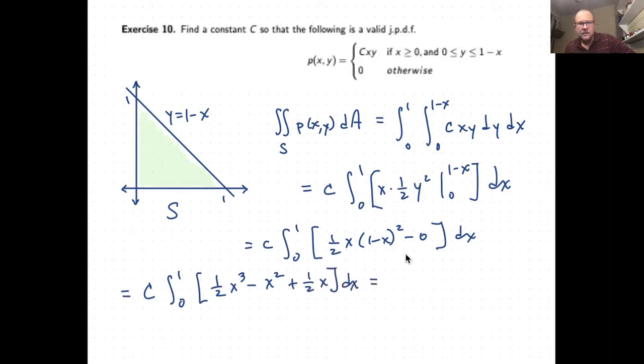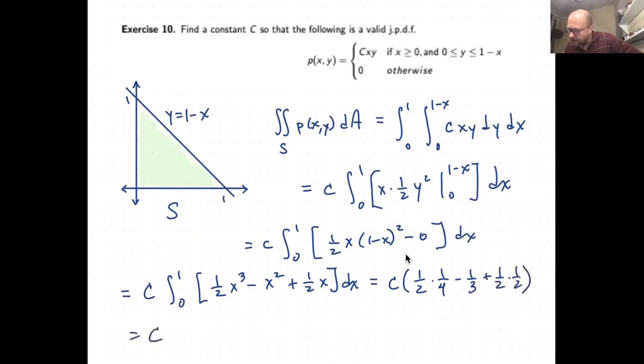When you're integrating polynomials from 0 to 1, it's pretty nice because you can just say 1 over the power, and so we will have times 1/4 and minus 1/3 plus 1/2 times 1/2.